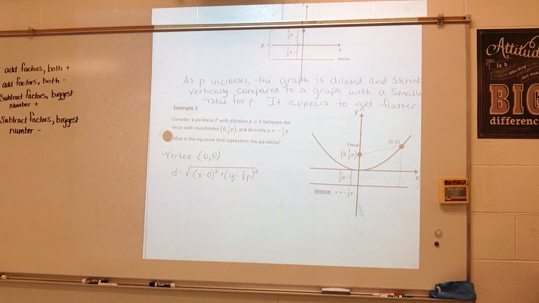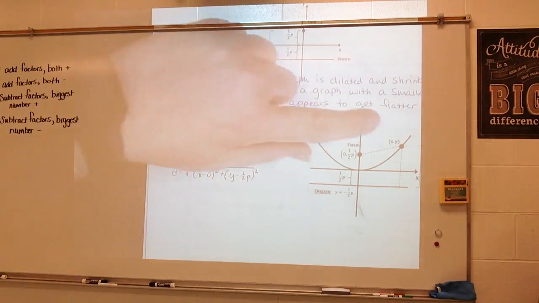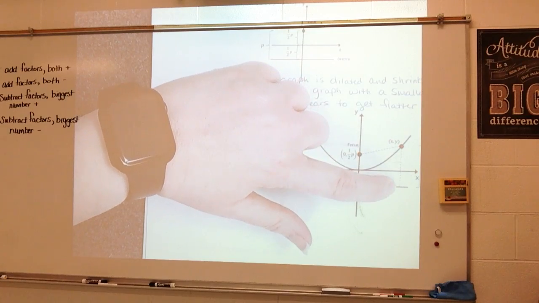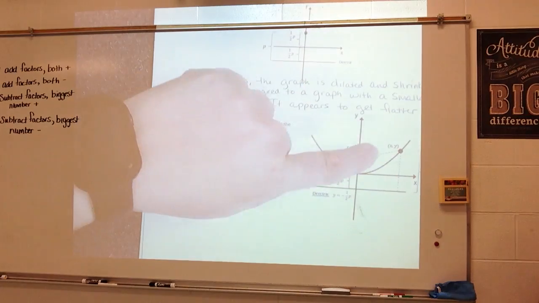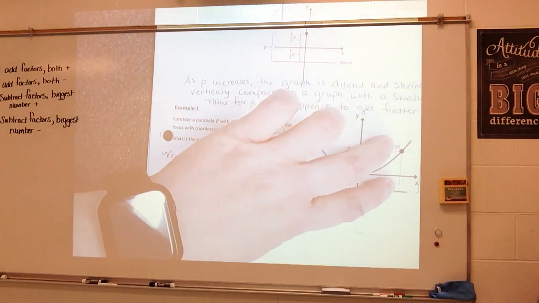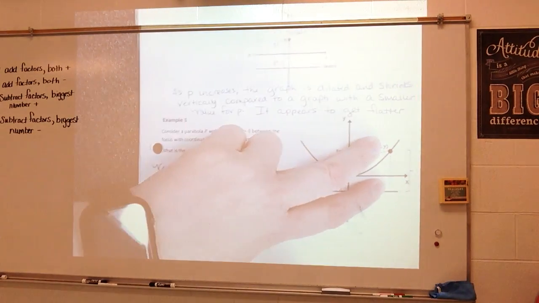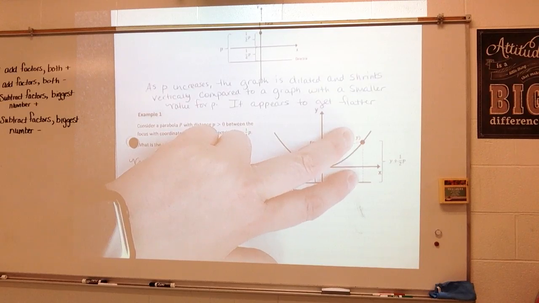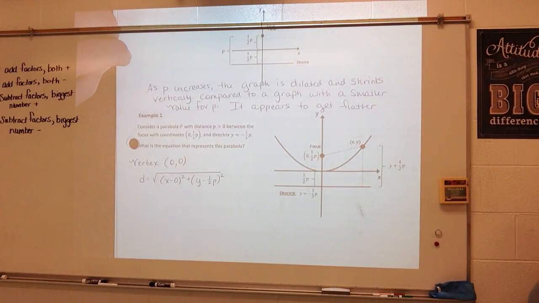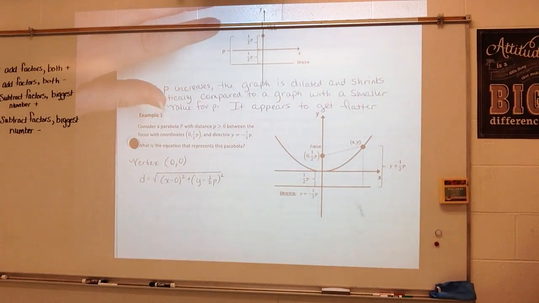Now we need to find the formula for the distance between my point and my directrix. Well, remember, they share the same x coordinate. So to find the distance between the y coordinates, I would subtract: y minus y plus 1/2.